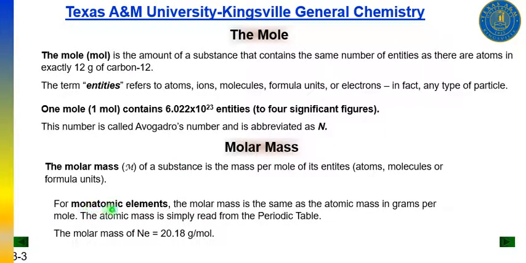For any monoatomic elements, such as neon, sodium, lithium, the molar mass is the same as the atomic mass in grams per mole. The atomic mass, you can read it from your periodic table. For compounds, the molar mass can be calculated by summing the atomic masses of the individual atoms.